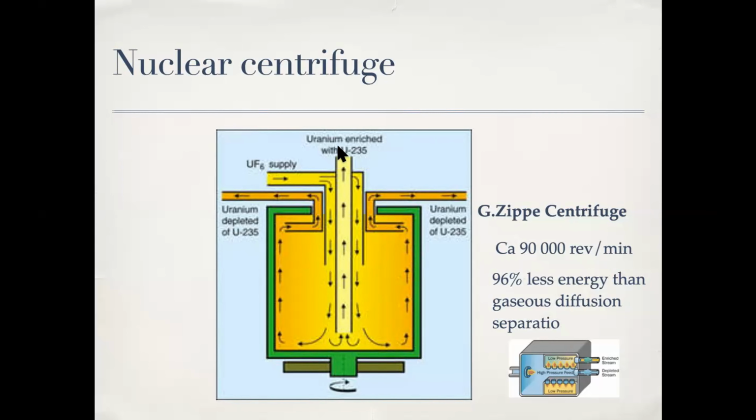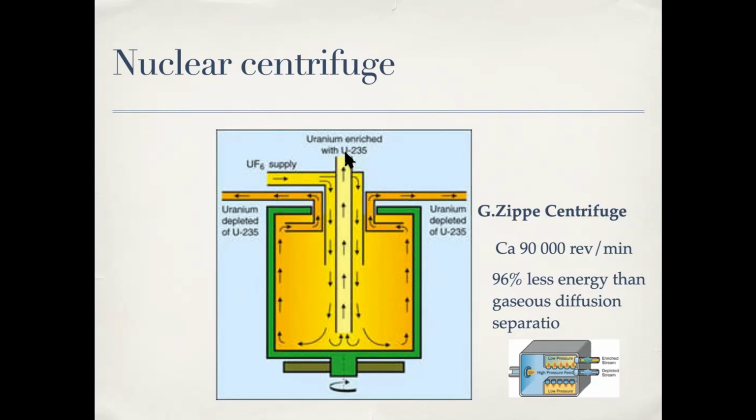Unfortunately, the difference of the mass is very little, and therefore the efficiency of that centrifuge is very low. And therefore, the enriched uranium, which goes through this pipe, is not used, but is pumped into another centrifuge, and then into another centrifuge.